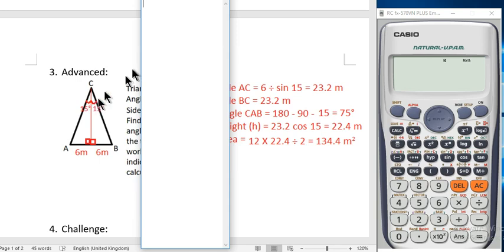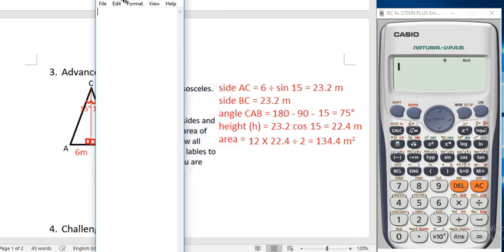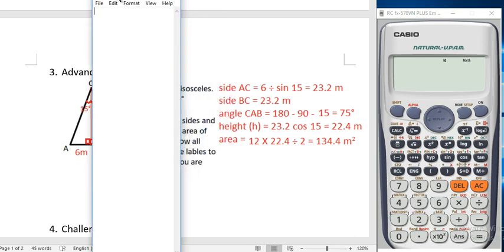If we split it into two smaller triangles, that angle becomes 15 degrees on one side and 15 on the other triangle. So we can split this into two, 15 degrees, and we have a right angled triangle now.